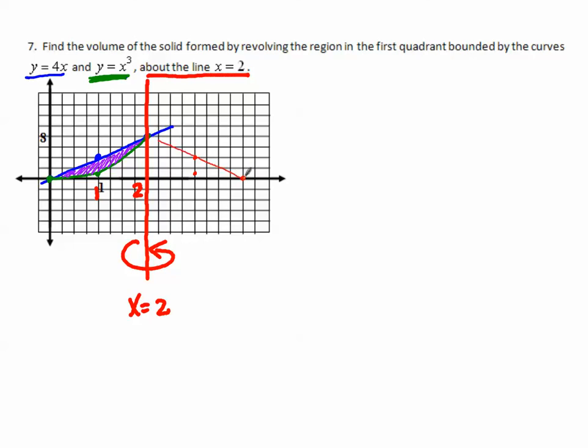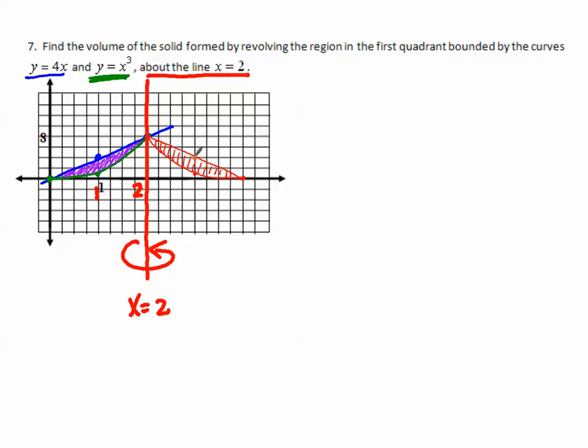Really this sketch just helps us get an idea of what this solid is going to look like, if it has a hole requiring us to use a washer, or no hole requiring us to use a disc, and which way to slice. Although, if we know the axis of rotation is vertical, we know we have to slice horizontally, always perpendicular to the axis of rotation.